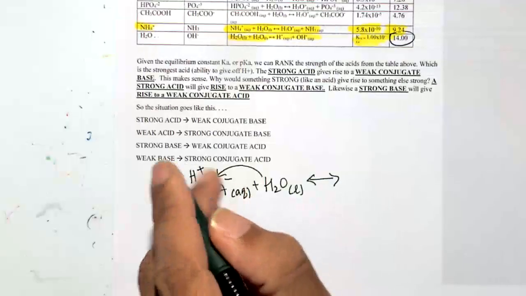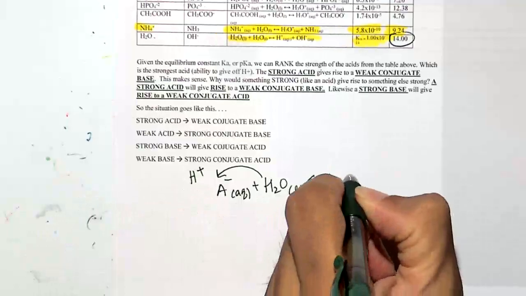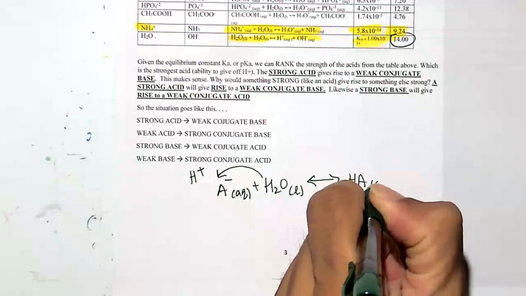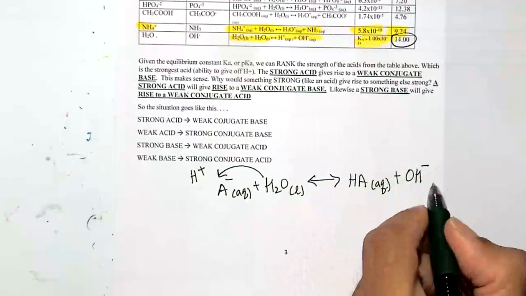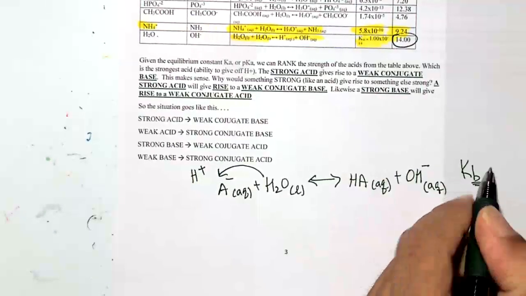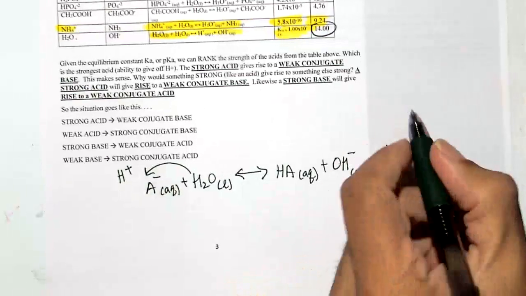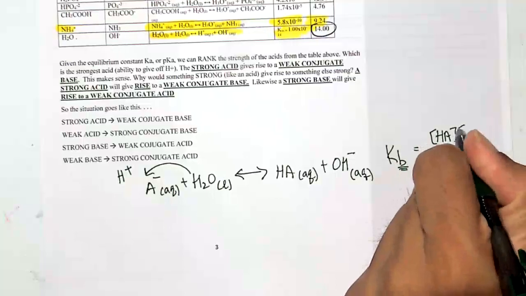The base will take that proton. Okay, this is the base. Brunstad base is what we'll call it. And then this will give us HA aqueous plus OH minus. Okay, this will have a Kb. And that's the same thing, products over reactants.